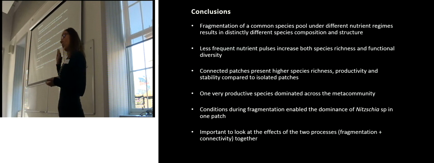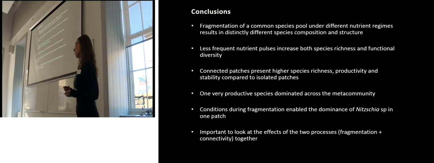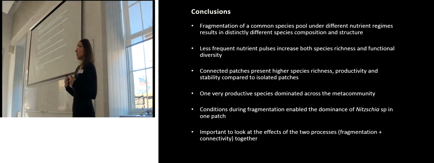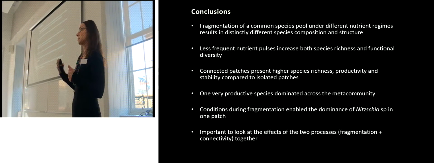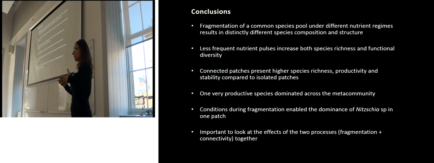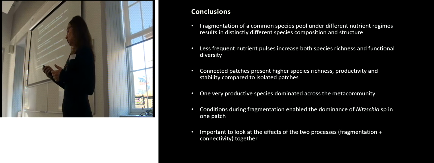But there is only one very productive species that dominated across the metacommunity and resulted in this pattern we observed. And of course, the conditions during fragmentation were the ones that enabled the dominance of this species in just one patch. We think it shows the importance of looking at the effects of both fragmentation and connectivity together.